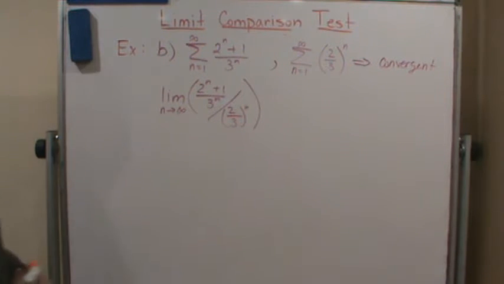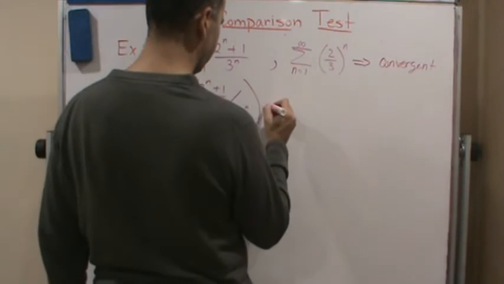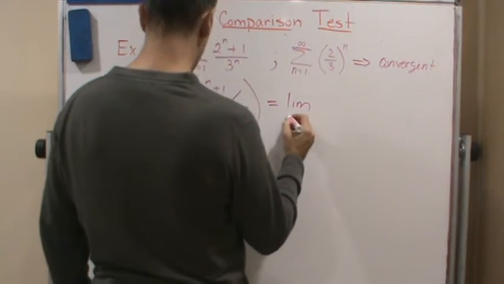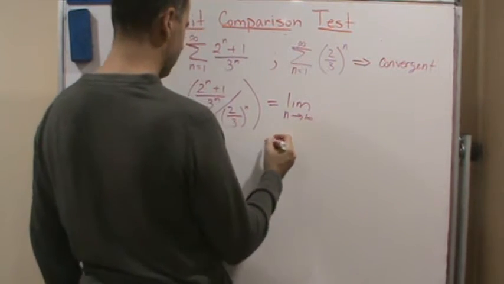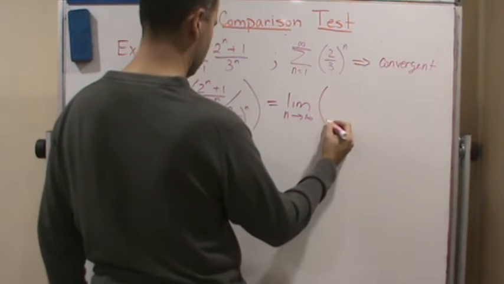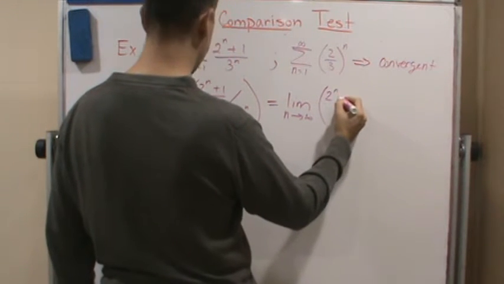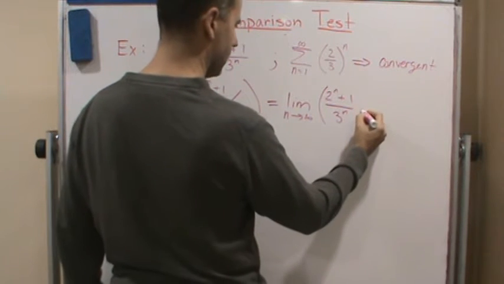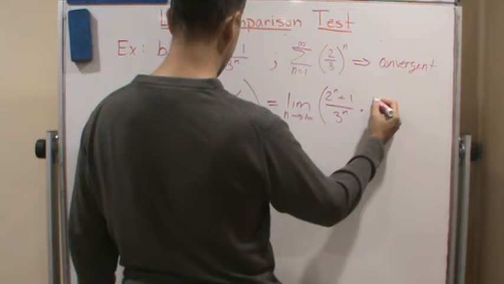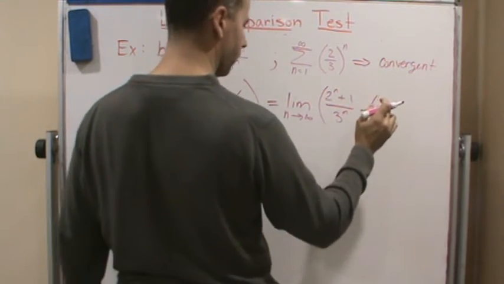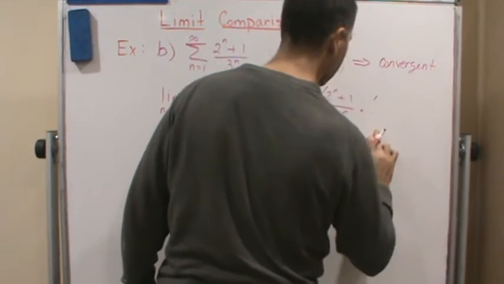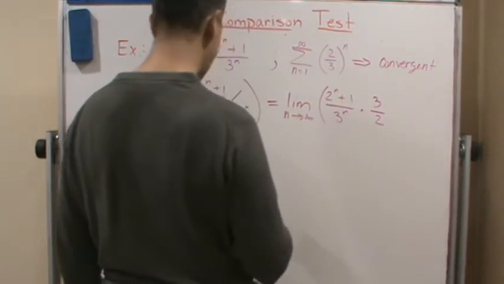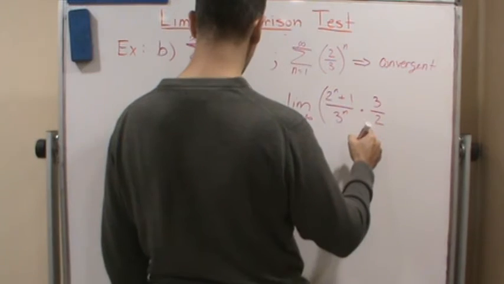Okay, so now let's write this as a multiplication and see what we can do here. The limit as n approaches infinity, we're going to write this as 2 to the nth plus 1 over 3 to the nth power times 3 halves. Yeah, we'll take the reciprocal.